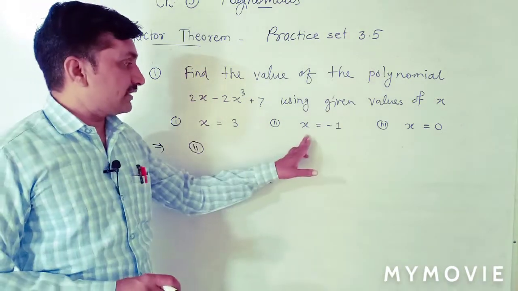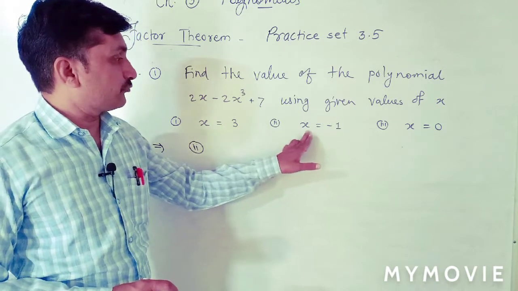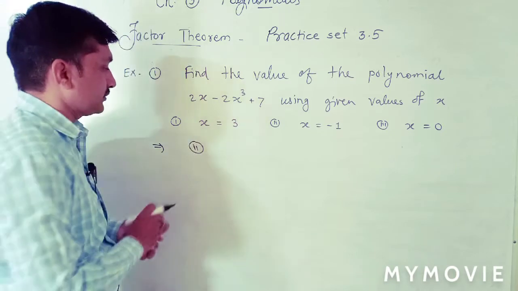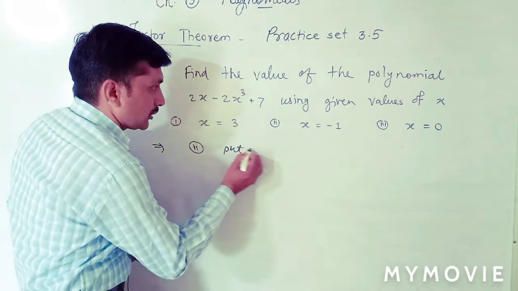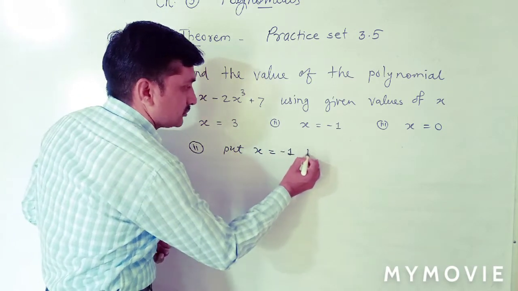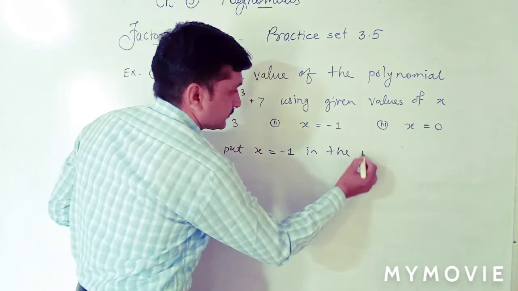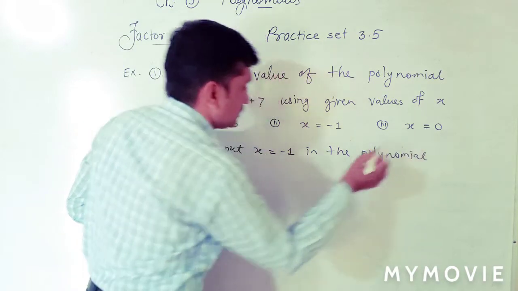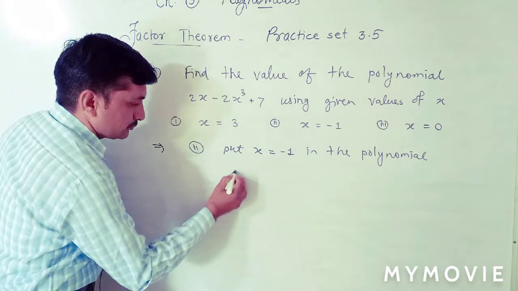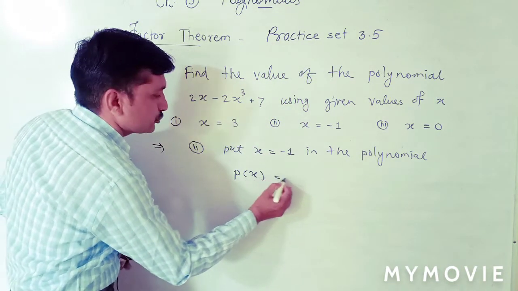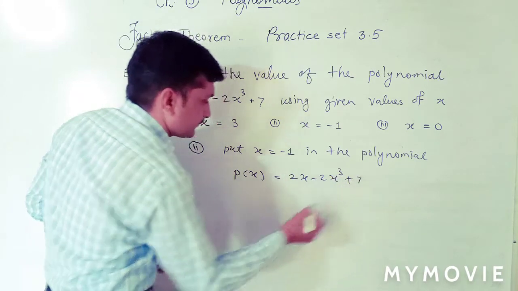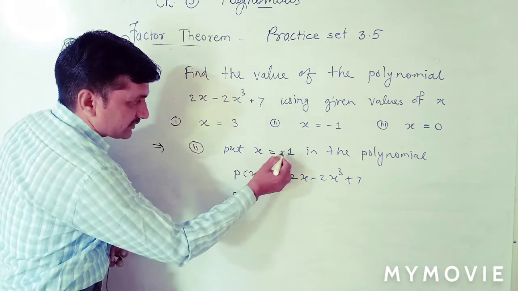Now for the second value, for x is equal to minus 1, let's find the value of this polynomial. Put x is equal to minus 1 in the polynomial. The polynomial is again the same, p of x is equal to 2x minus 2x cube plus 7. Now put the value of x as minus 1.